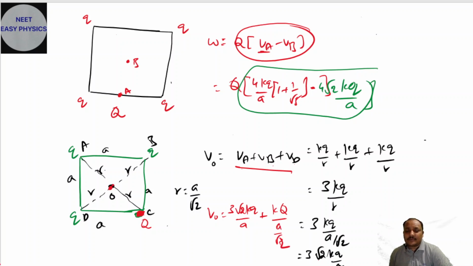Now what condition is given? The potential at the center should become 0. For that you have to take this equation and equate it to 0.